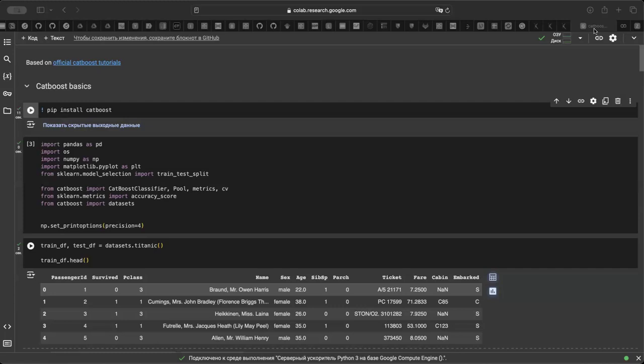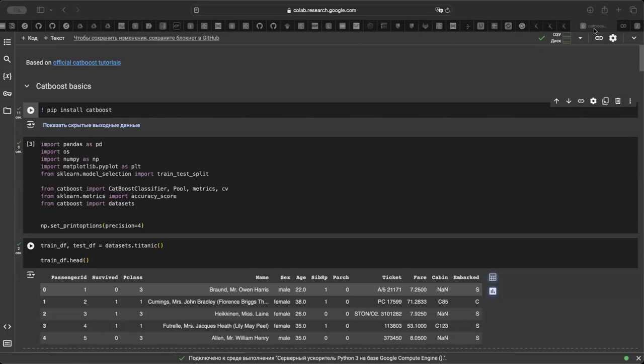So there is a criterion which has some link to physics, which measures the state of chaos of our objects in our tree.